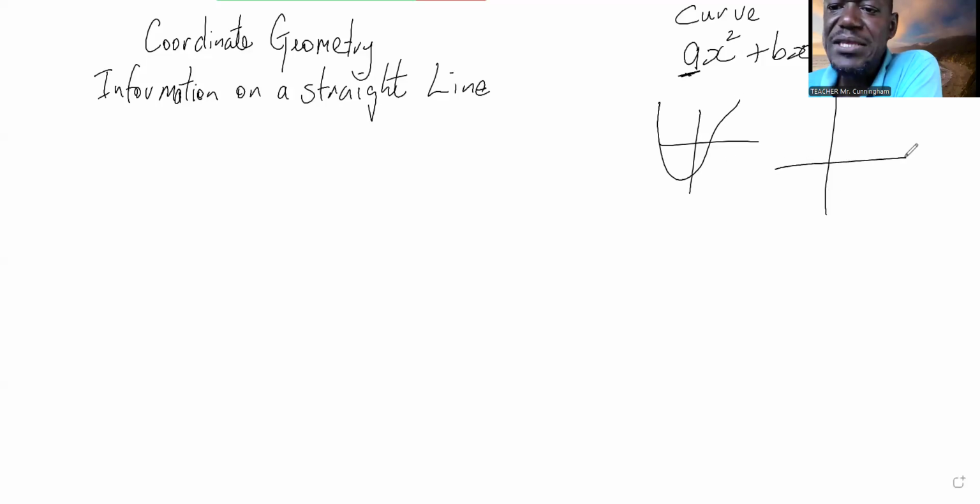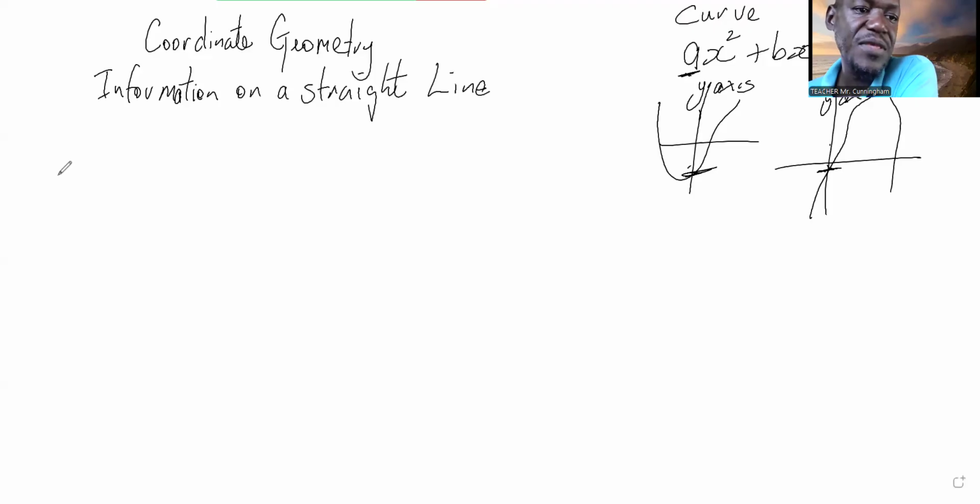If A is negative, the curve will turn up. So for homework, I will give you a question where the curve turns up. Where the curve cuts the y-axis, that is called C.